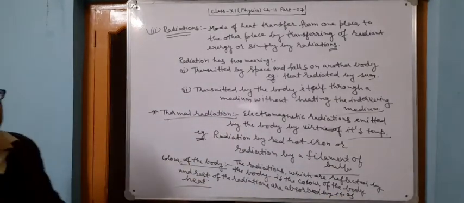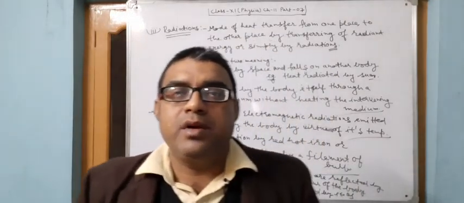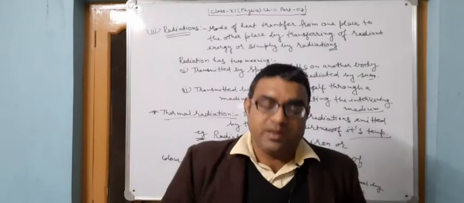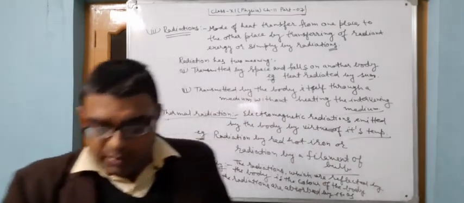So whatever radiations are reflected give the color of the body, and the rest of the radiations are absorbed as the heat of the body.